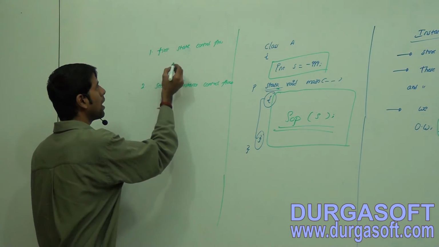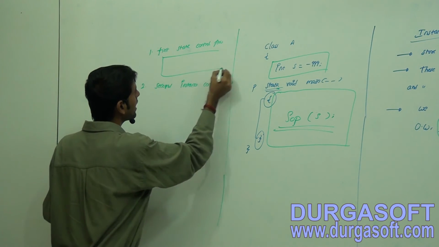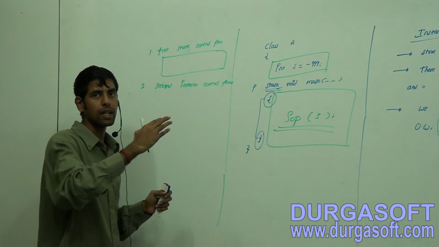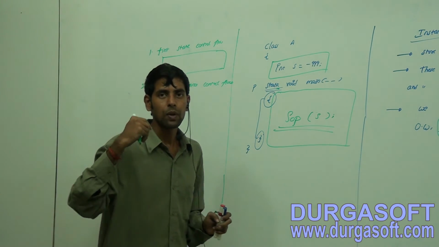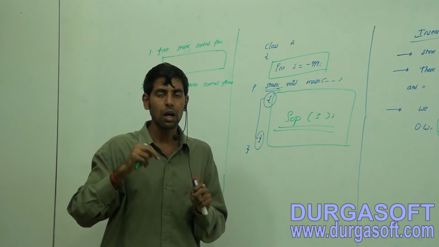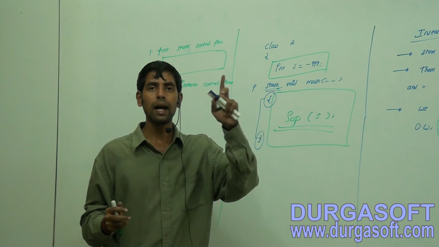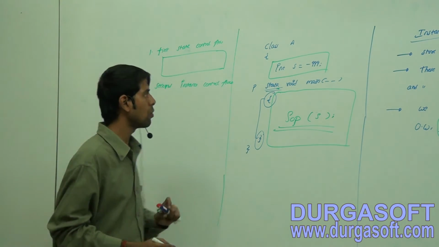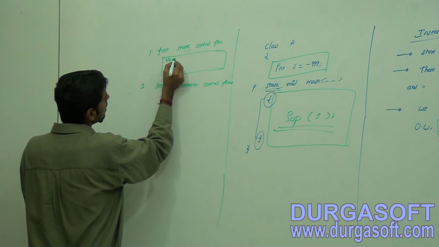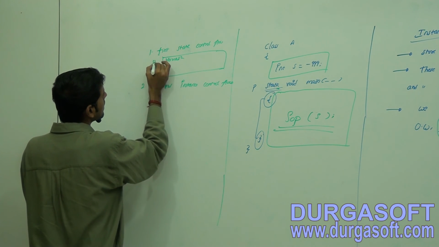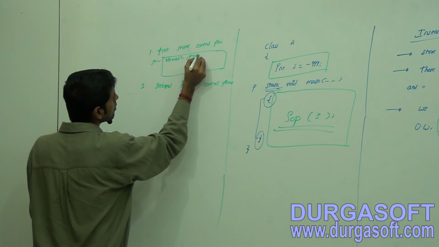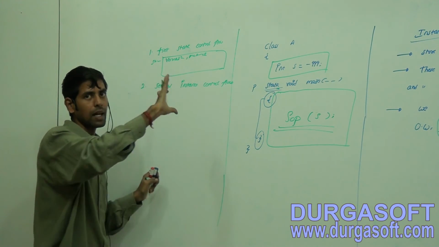As part of static control flow, whatever static variables or methods are available, they all will get identified by the JVM. Static variables and static methods, all will get identified.